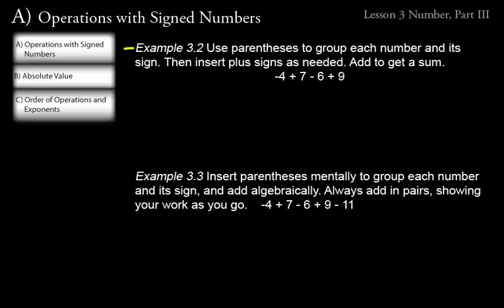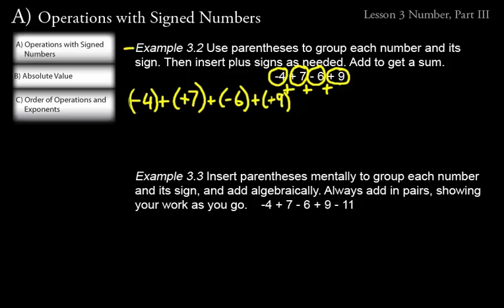So like we did at the end of example 3.1, let's just circle these. That's what we're going to put parentheses around: the negative 4, the plus 7, the minus 6, and the plus 9, and we'll put plus signs in between. So there's our 4 numbers with parentheses around them and the appropriate signs, and add in pairs. So let's add that pair and this pair here.